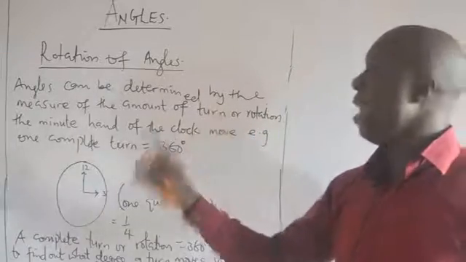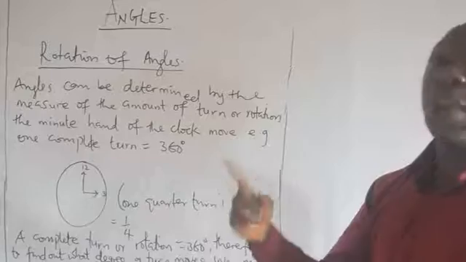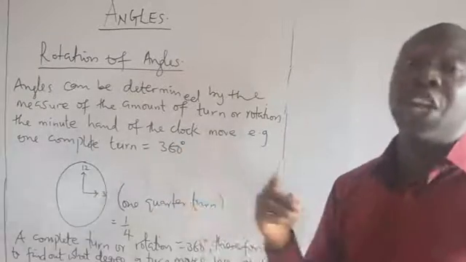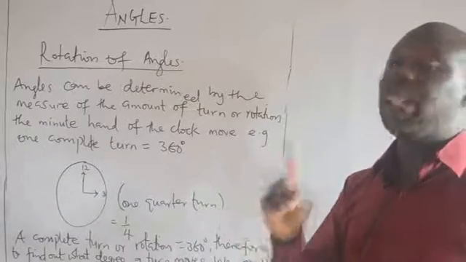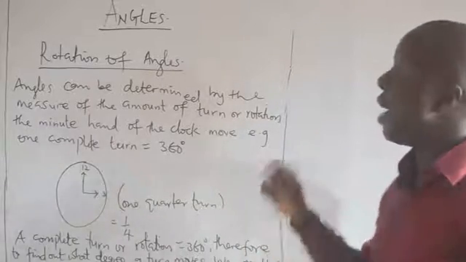And one complete turn or one complete rotation is equal to 360 degrees. So one complete rotation is equal to 360 degrees.